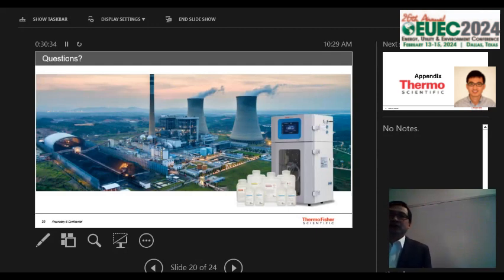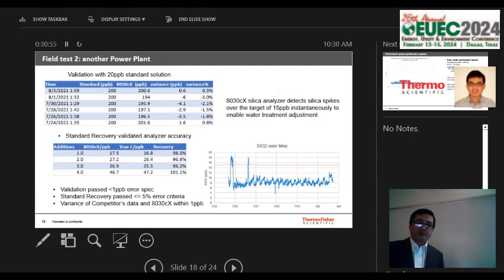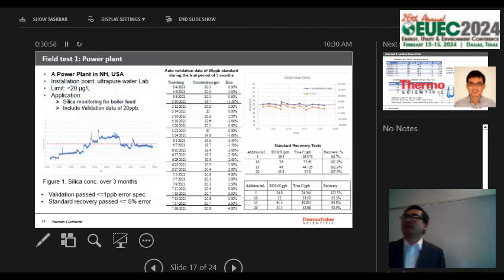Silica also is commonly monitored in the semiconductor industry. They want to monitor whether silica can deposit on their wafers, and we're testing in semiconductor plants as well. So those are the things that they care about.